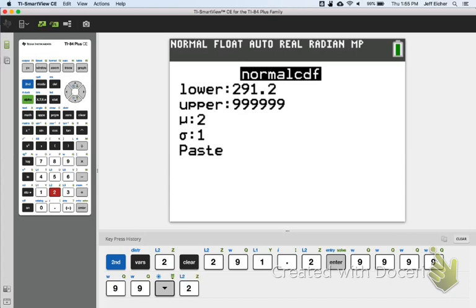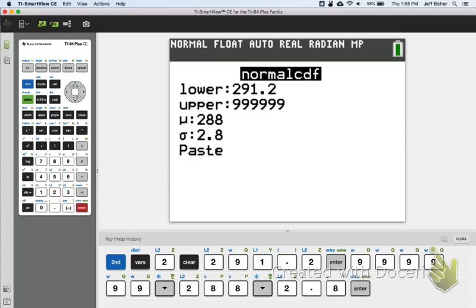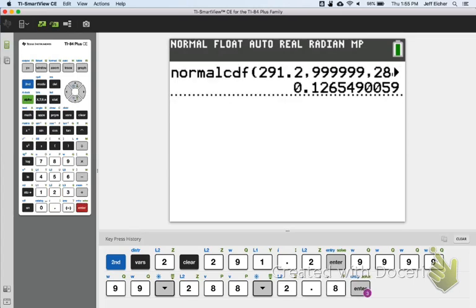Your mean, the Iron Byron was set to 288 yards, and then 2.8 yards. So if they set the mean to be 288, there is a 12.7% chance that the golf balls will not be made to the correct standard.